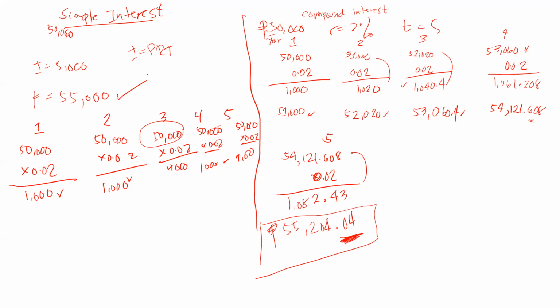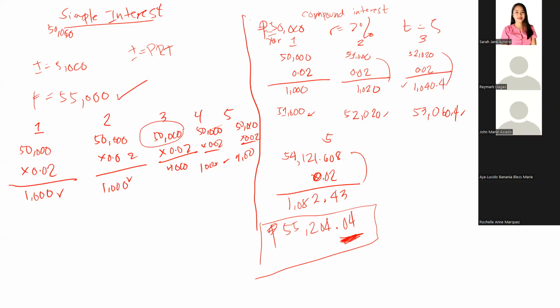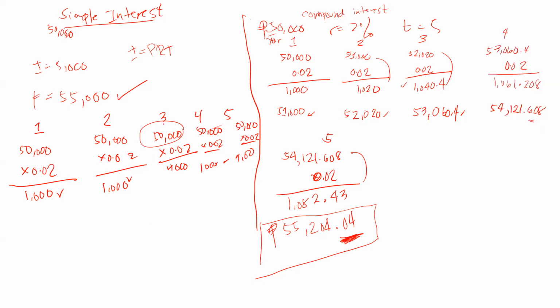So ari nang mas maray? In this scenario, ang mas maray digdi kung ika ang nag-utang is the simple interest. Mas mababa siya ng 200 pesos compare sa compound interest. Pero kung ika ang nagpapautang, ika si lender, digdi ka na sa compound interest.